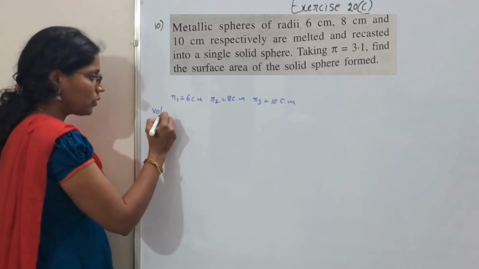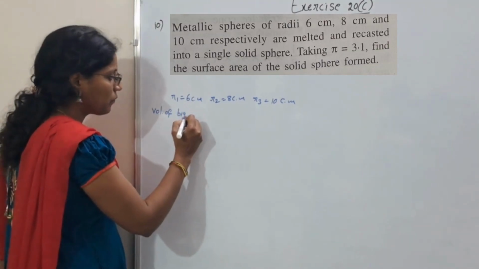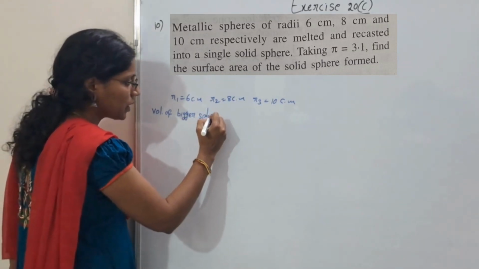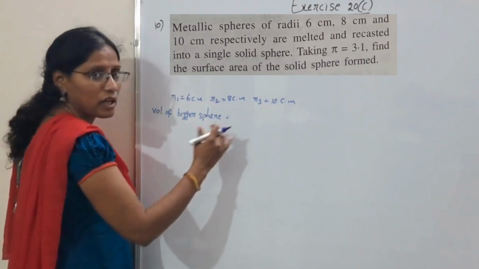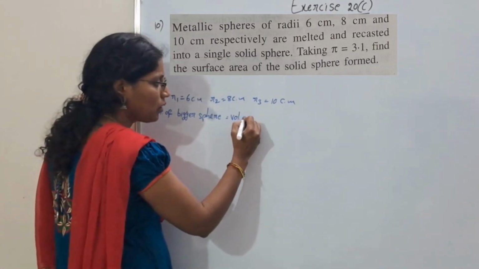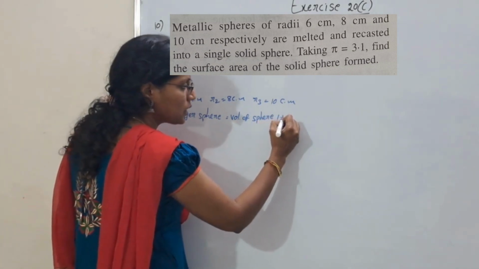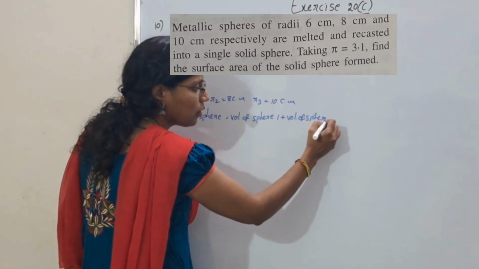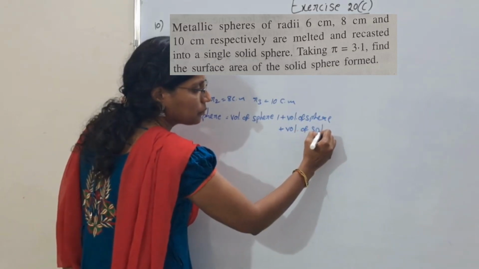Here volume of the bigger sphere, how to write? These 3 spheres we have to add, so this volume will come. Volume of sphere 1 plus volume of sphere 2 plus volume of sphere 3.